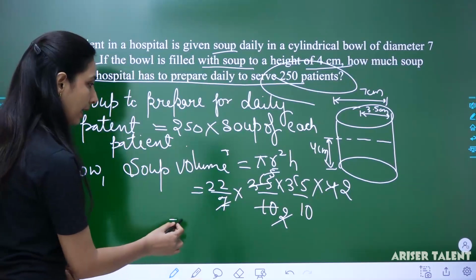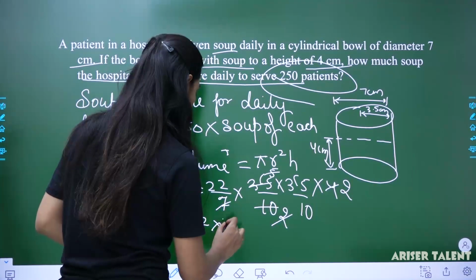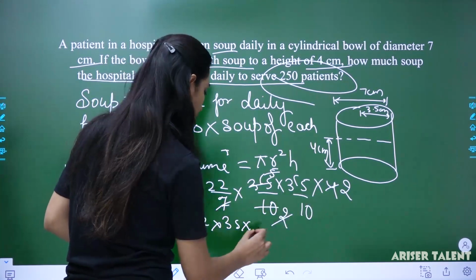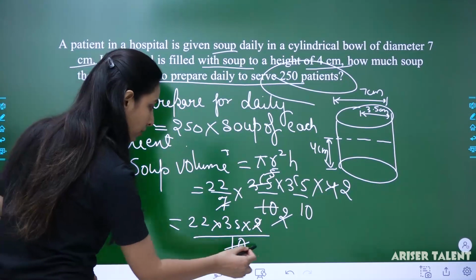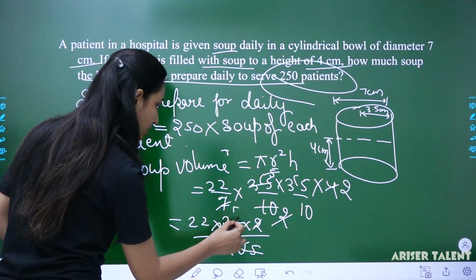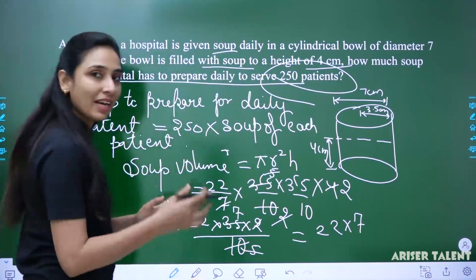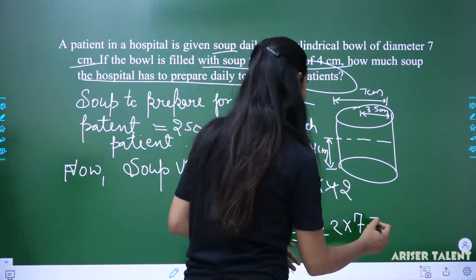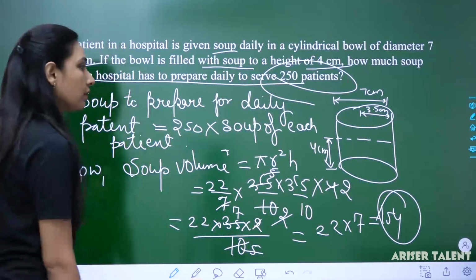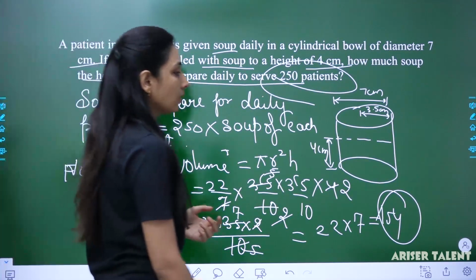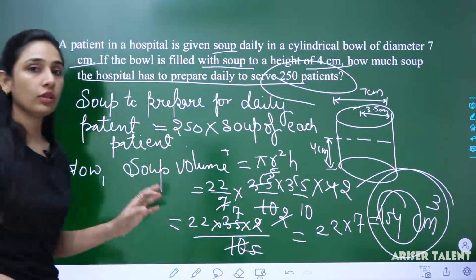So you'll be having here 22, here 35, and here 2, and here 10. I guess we can cut 5 times and also 7 times. That will be 22 by 7 multiplied by 7 here this time. So that will be 14 and 154 of what? Centimeters cube. This is for only one patient.